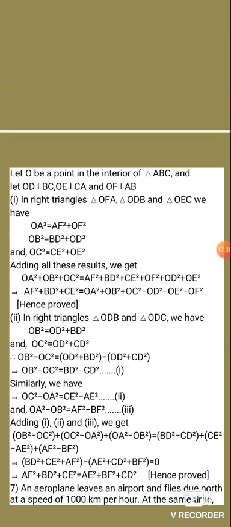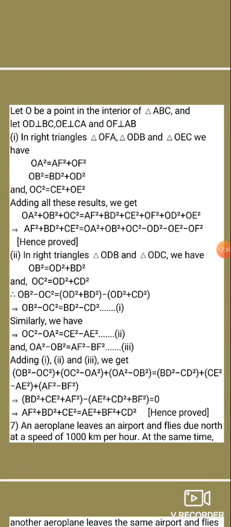Similarly we have OC square minus OA square equal to CE square minus AE square, equation 2. And also OA square minus OB square is equal to AF square minus BF square, equation 3. Adding equation numbers 1, 2 and 3 we get OB square minus OC square plus OC square minus OA square plus OA square minus OB square equals BD square minus CD square plus CE square minus AE square plus AF square minus BF square.